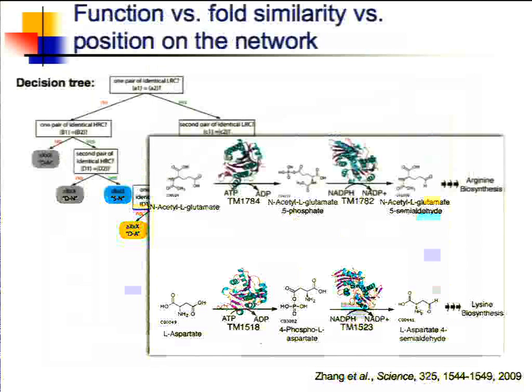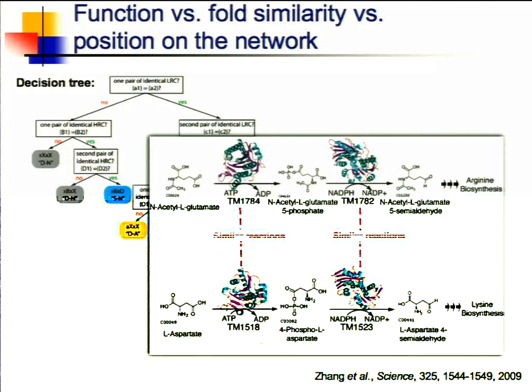The second thing we looked at is functionality of proteins versus their position on the metabolic network. To do this, we grouped each reaction pair into 3 groups. First is similar reactions. They're reactions that carry out similar chemical mechanisms. And the second group is connected reactions, simply adjacent in the metabolic pathways.